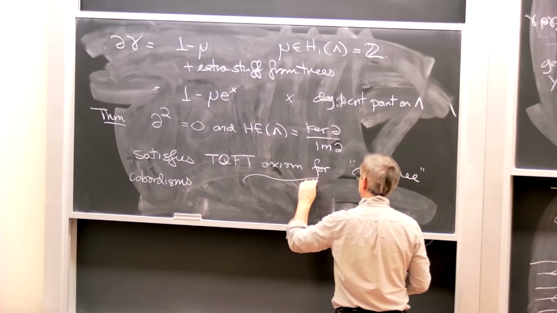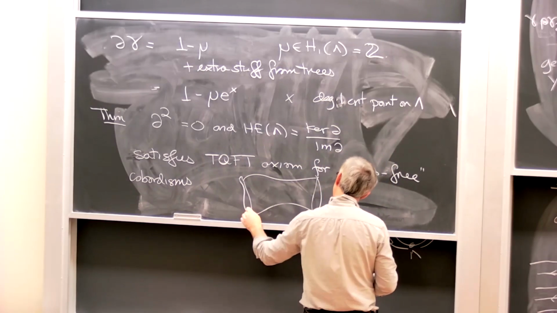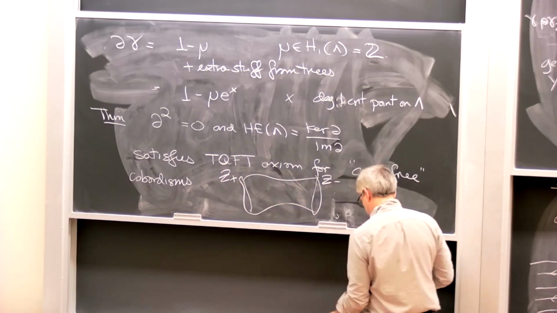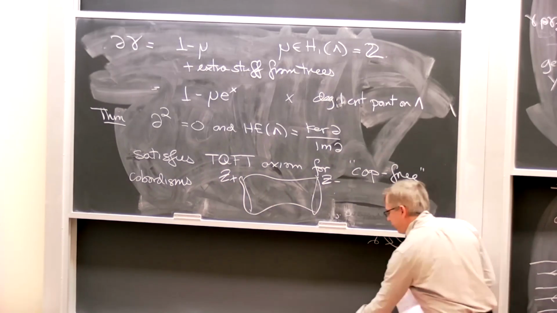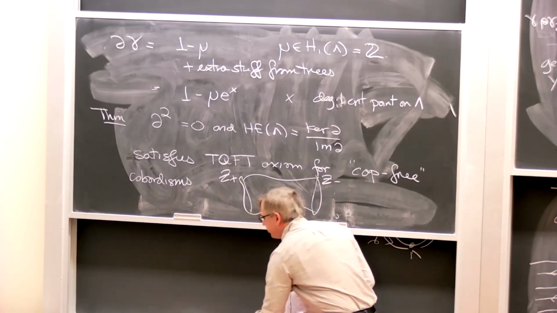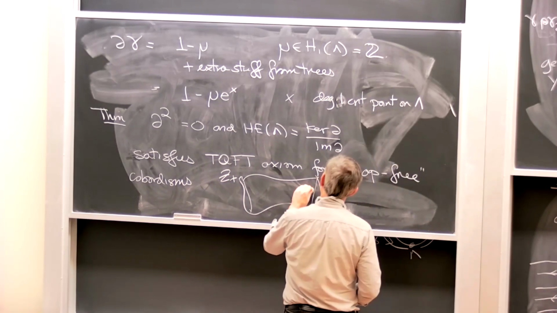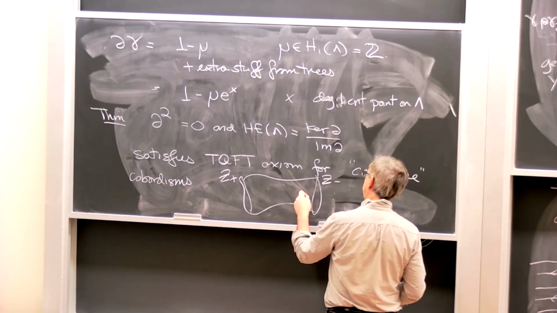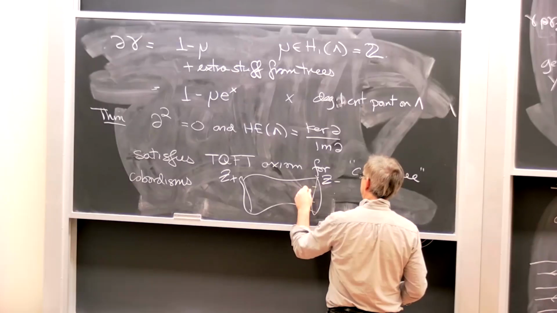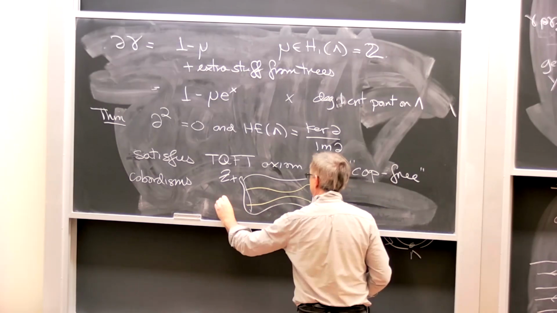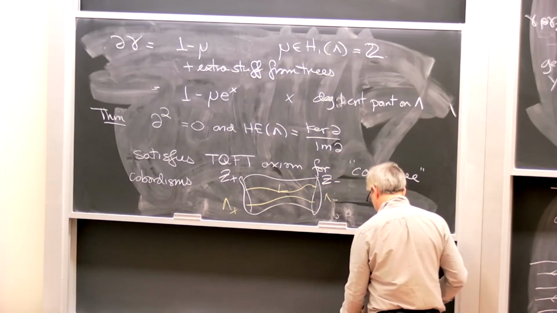So if I have a symplectic manifold with two components of the boundary that I've decided are the incoming and outgoing contact manifolds, then I can assume that my lambda minus and lambda plus extend to some.